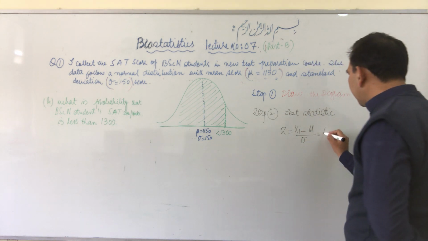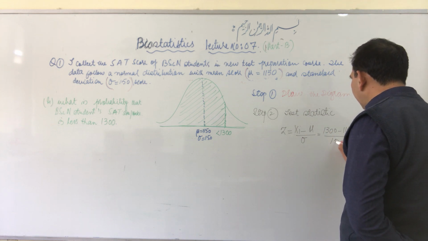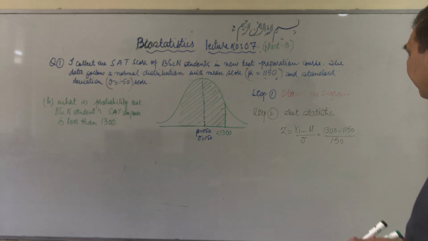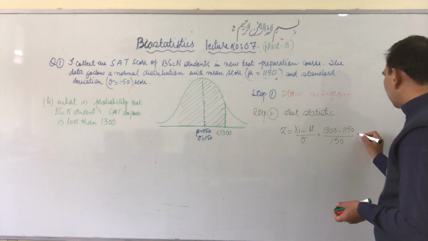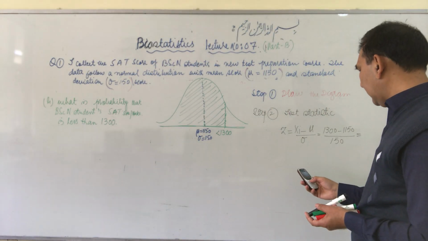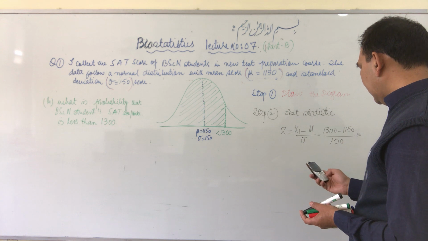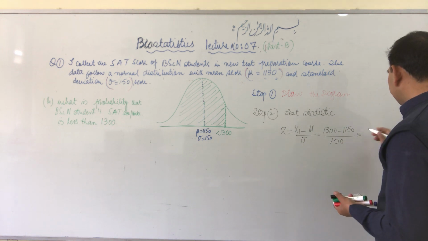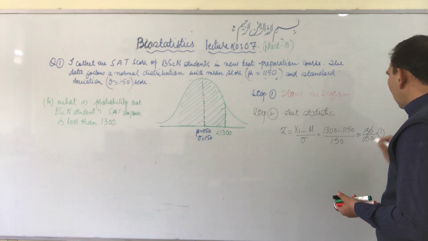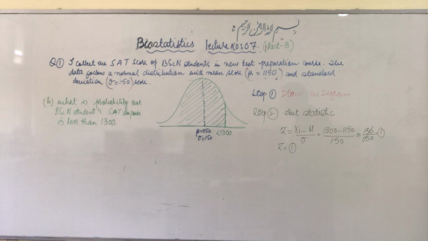So xi is 1300, minus 1150, divided by 150. 1300 minus 1150 is 150, and 150 divided by 150 is 1. The result is 1.